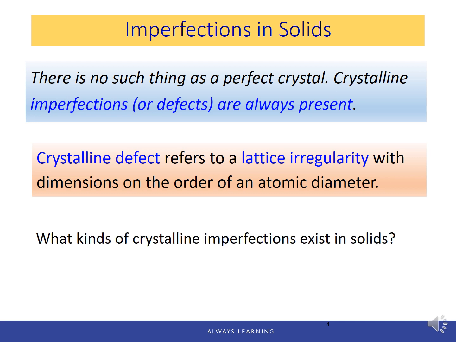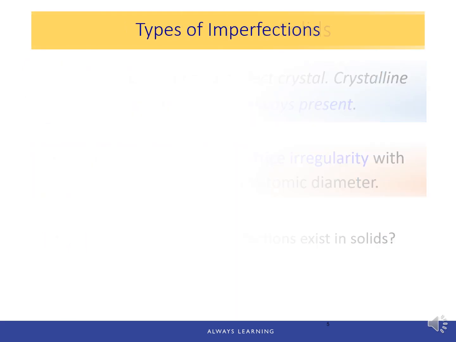So what kinds of crystalline imperfections exist in solids? Classification of crystalline imperfections is frequently made according to the geometry or dimensionality of the defect.